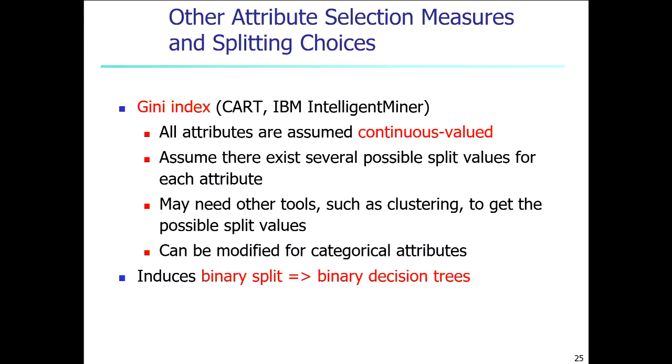Of course, for categorical attributes, we can modify it to do a similar thing, which will be shown later. And by using Gini index, we will do a binary split, which means the decision tree would be a binary tree. And we will see why.